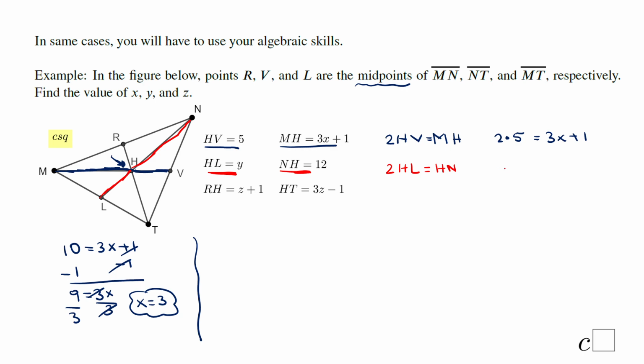So we're going to have here twice the y, 2 times y equals 12. 2y equals 12. How do we find y? Just divide by 2. And y will be nothing else than 6.